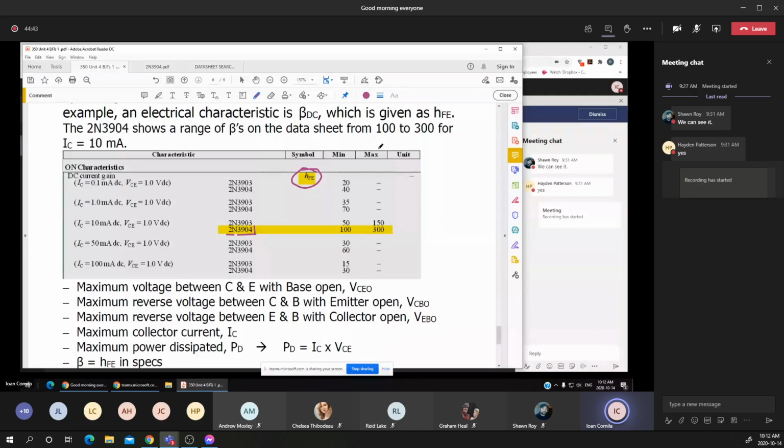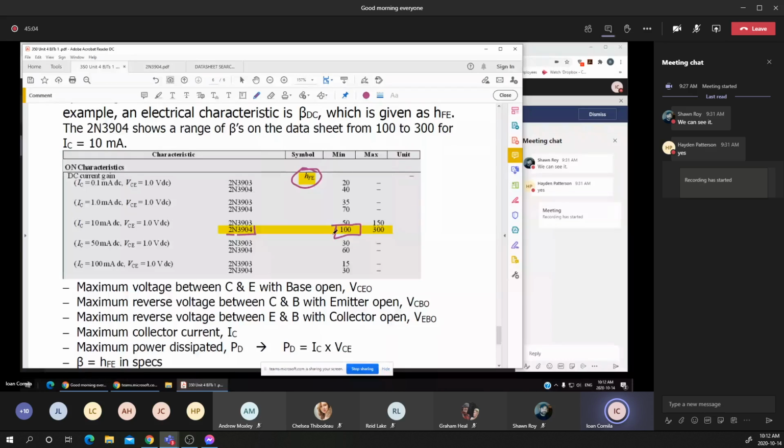Now you notice that the gain in DC, or the gain in current, has a maximum of 300, and the minimum that is guaranteed by the vendor is 100. In calculations, we have the min and the max.